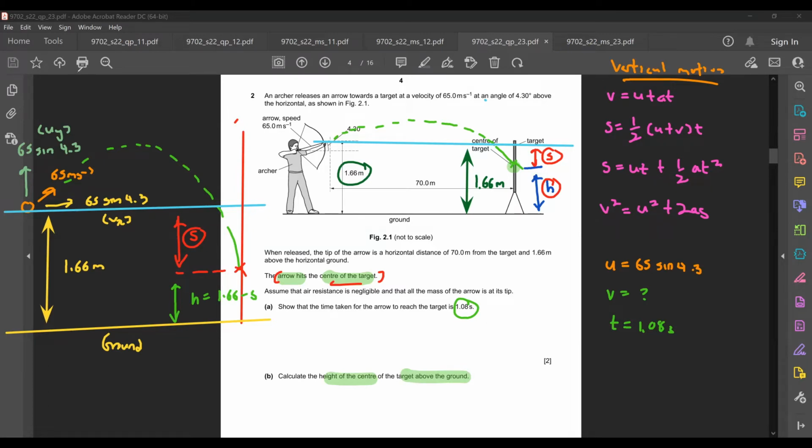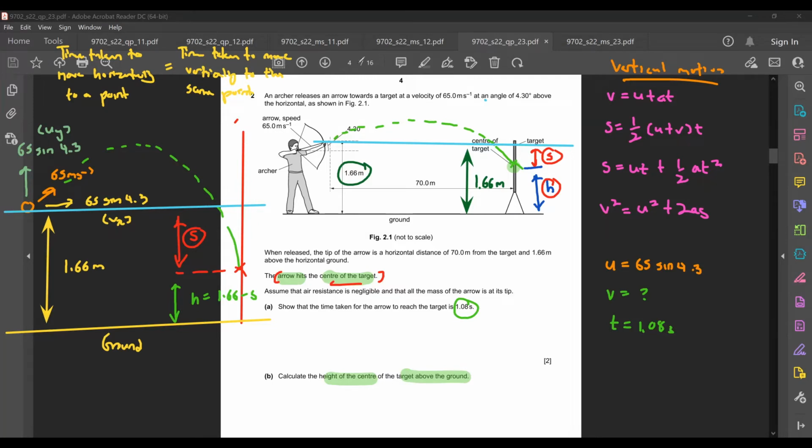Time taken to move horizontally to a point is equal to time taken to move vertically to the same point.